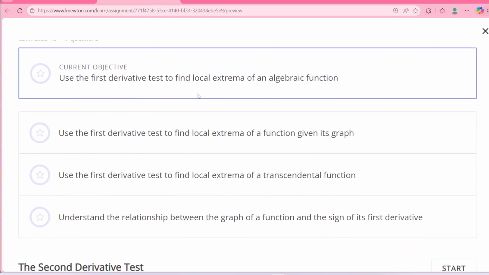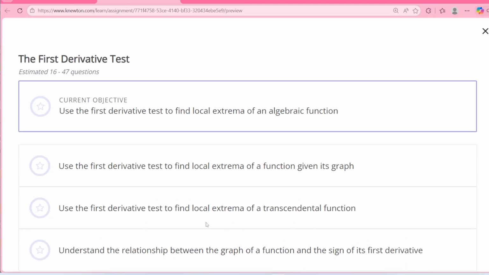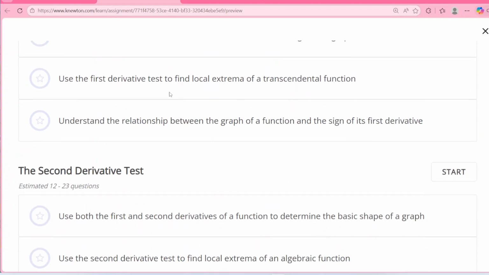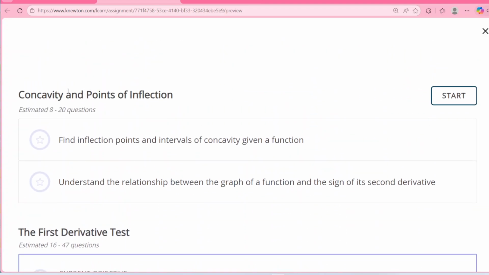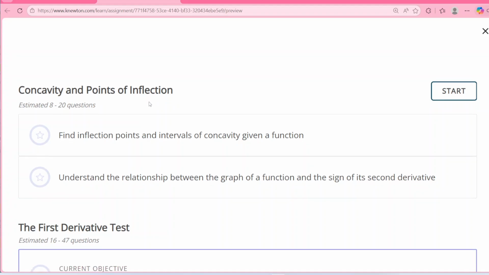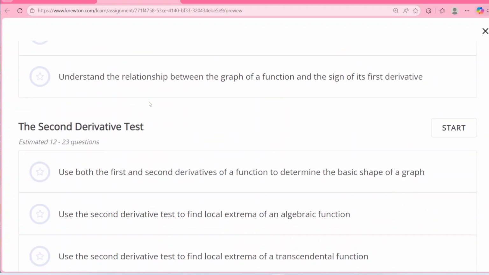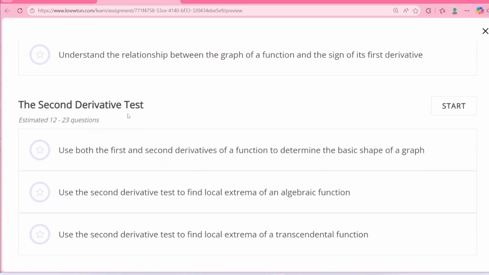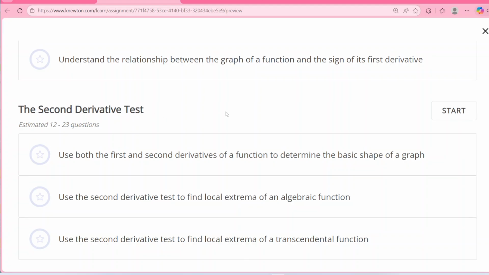In this video, I'm going to be going over the 4 objectives under the heading, the first derivative test. Then part 2 will be on concavity and points of inflection, and part 3 will be on the second derivative test.